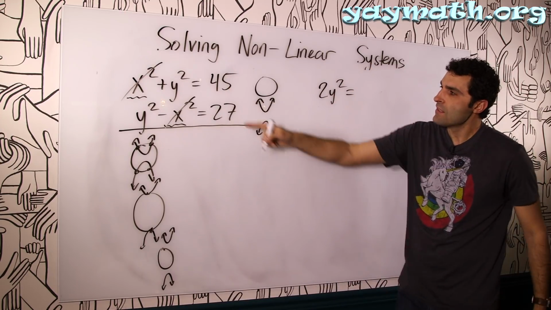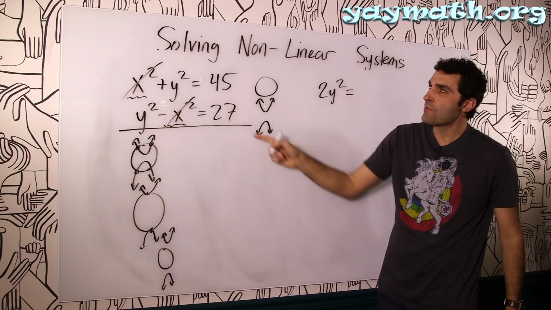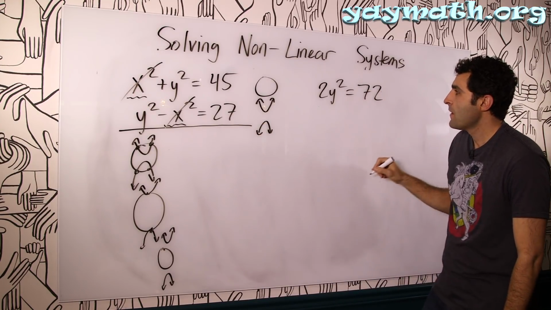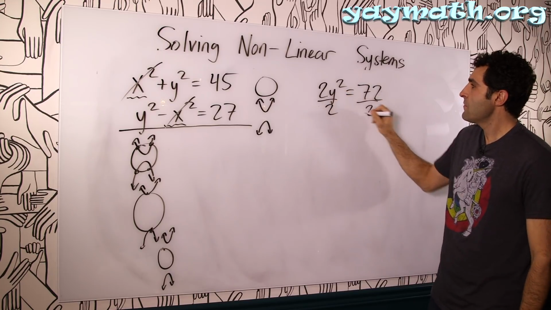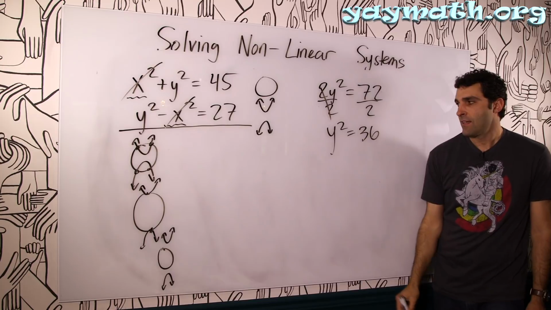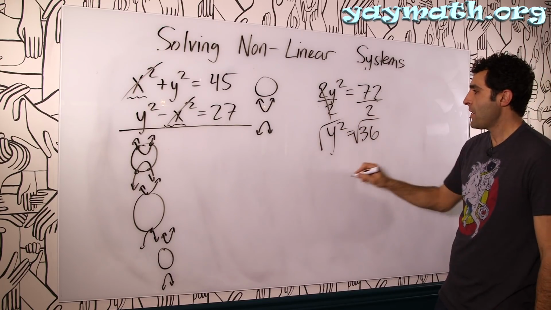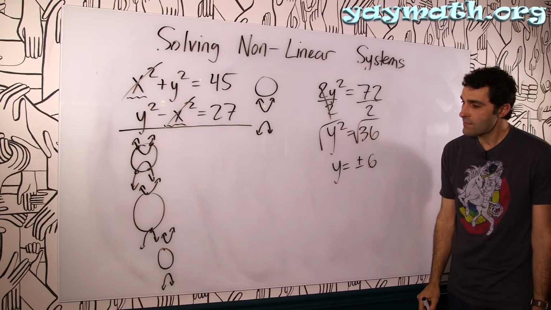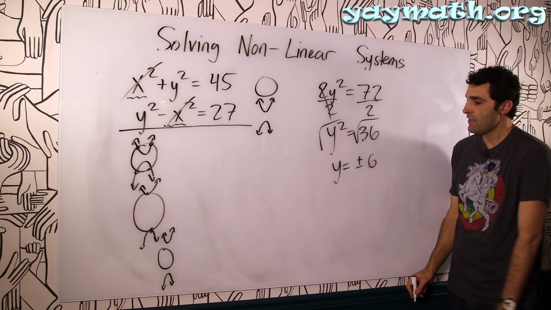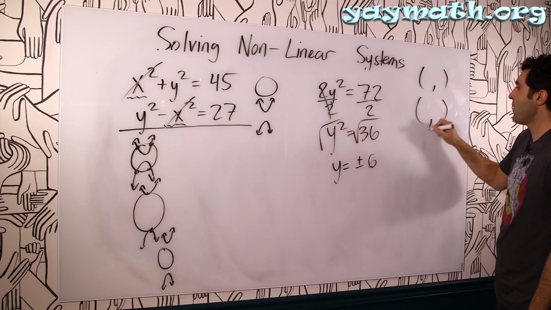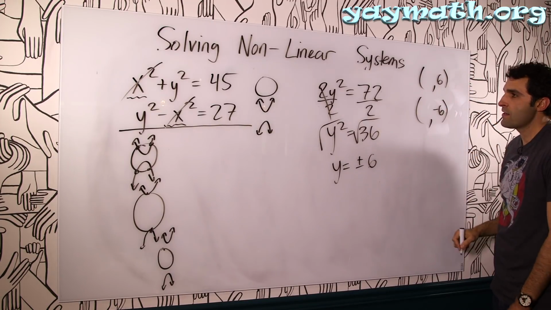That's 60 plus 12, which is 72. Divide both sides by 2, y squared equals 36. Square root both sides, and we get y equals plus or minus 6. So we have potentially 2 y value answers, 6 or negative 6.